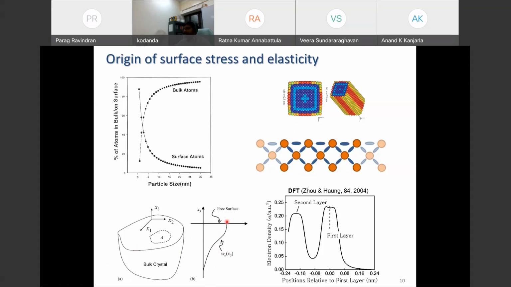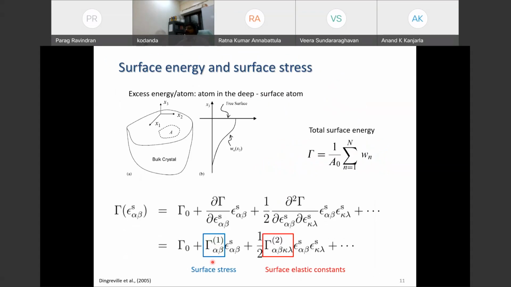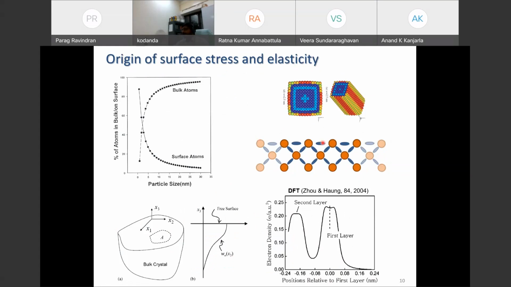That excess energy you can attribute to the surface, and that's the origin of the surface energy. If you look at that surface energy and expand it, we know that it is a function of the strain of the atoms nearby, near the surface.